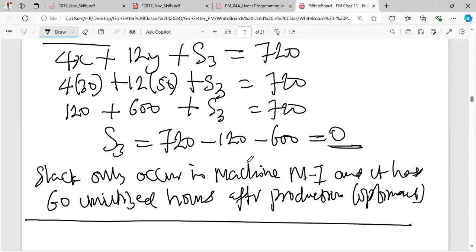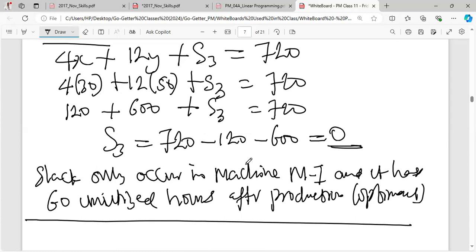So that's how you look for the slack. You look for the slack variable in the particular machine hour that did not go into the simultaneous equation. So that's the only one that will give you the slack variable.